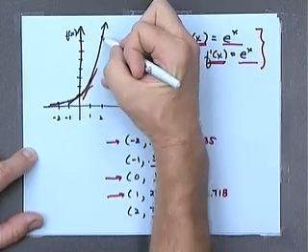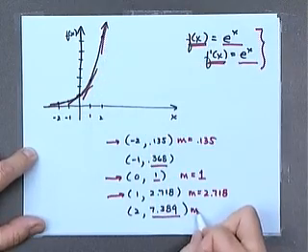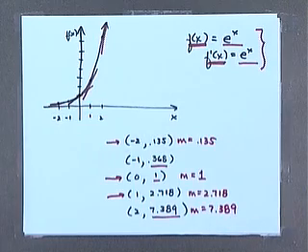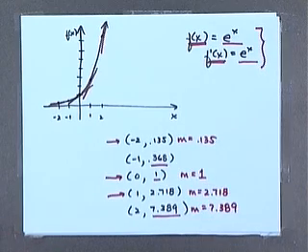What's the slope here? It looks pretty steep. That slope actually is 7.389, roughly. That's an approximation. In fact, all these are approximations except for 1, right? That's exactly 1.